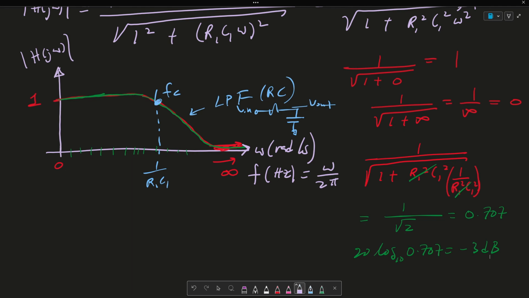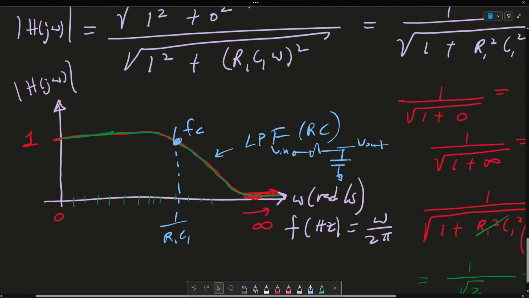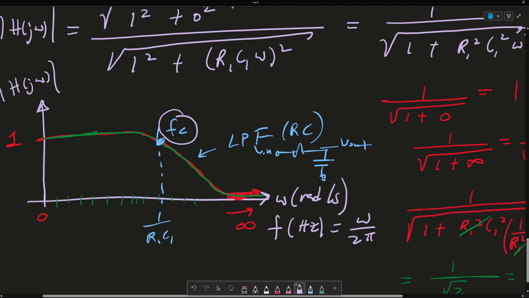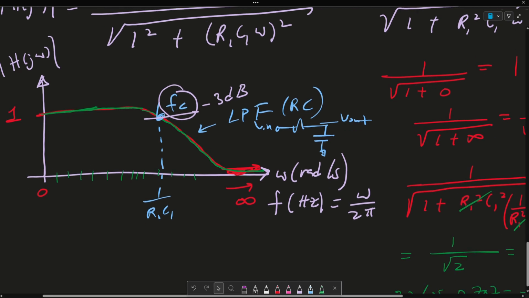All right. So in a lot of engineering applications, you're going to hear about cutoff frequency and the minus 3 dB location. All right. Very, very important. And the reason why is because this tells us what we refer to as the bandwidth of my circuit. So the bandwidth is the frequency range across which the input signal will go to the output. All right.